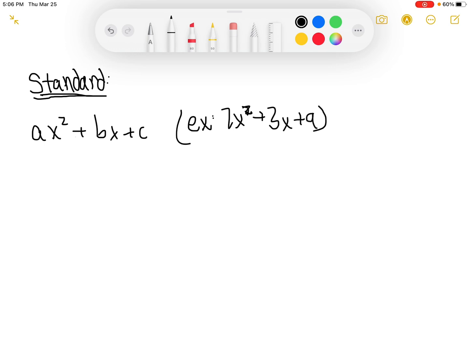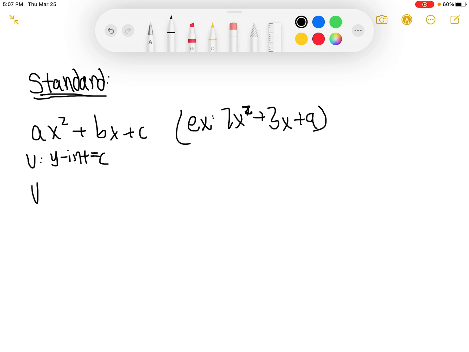As you can see, 2 would be a, 3 would be b, and 9 would be c. What's useful about this one? I'll just say U for useful: useful to find the y-intercept. You can find other things using equations, but the y-intercept is always c. So it's useful to know the y-intercept because the y-intercept is c.